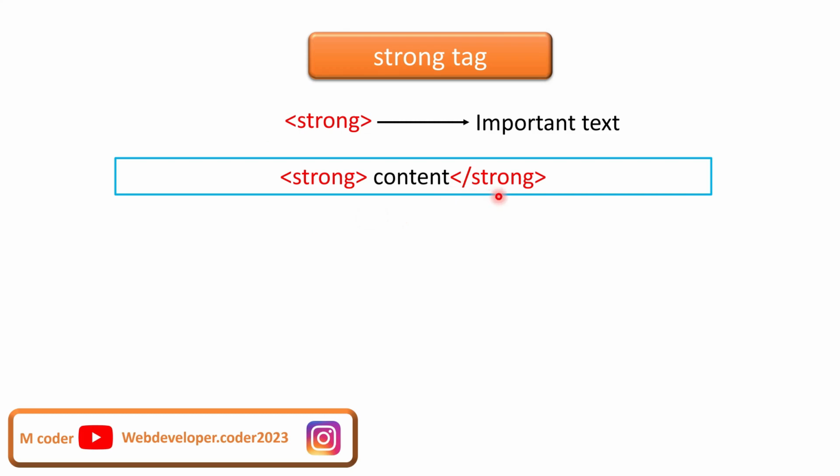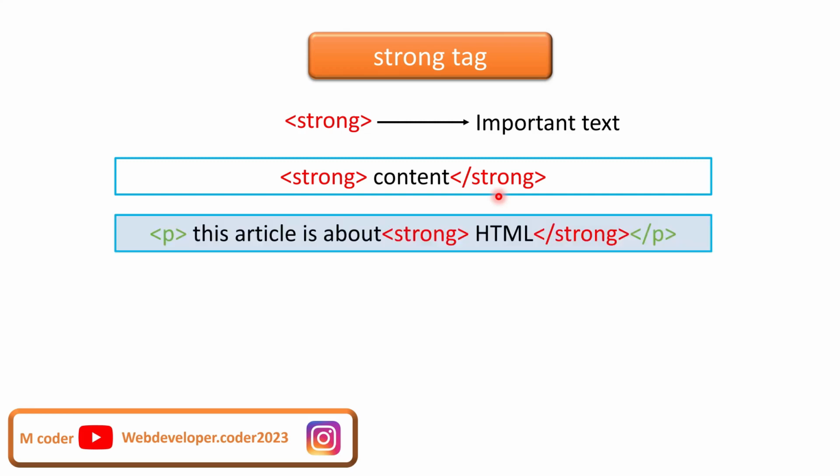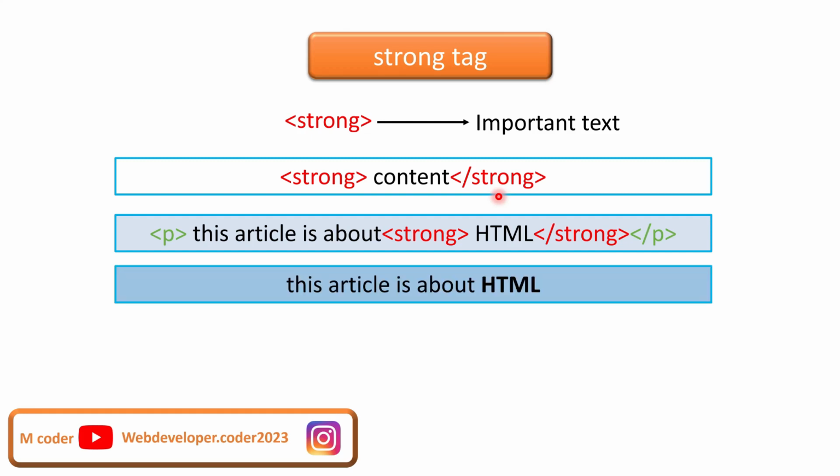In this way, we write the paragraph tag and the desired text, then the strong open tag and the HTML word and strong closing tag and closing P tag. The output is the same as tag B. The strong element and B have the same output in terms of appearance, but they have a difference.